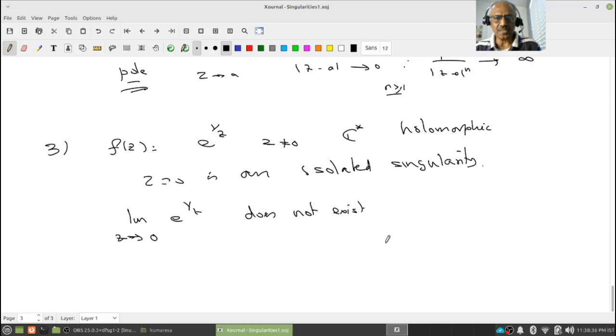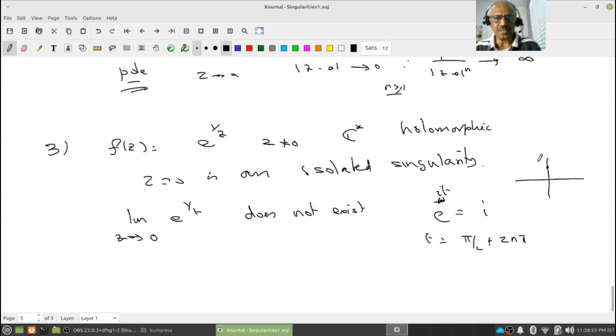That's very easy to prove. Let us look at when e power w equals i. Then my t has to be pi by 2 plus 2n pi.